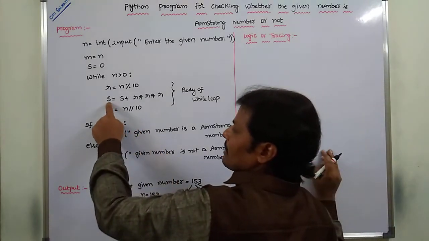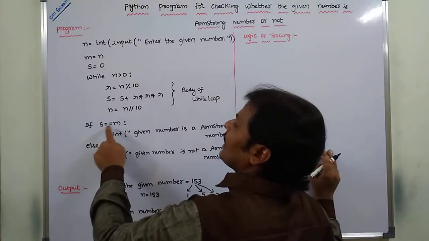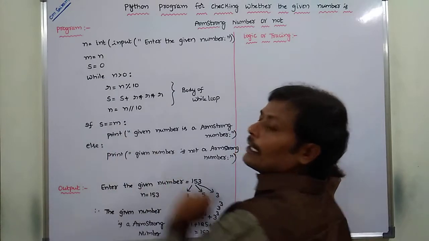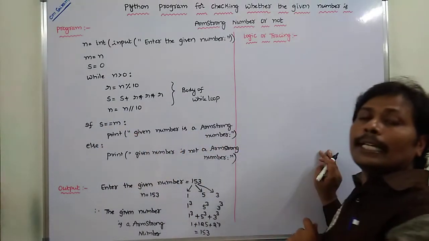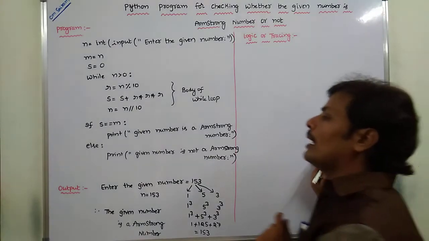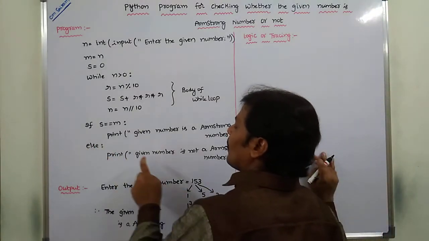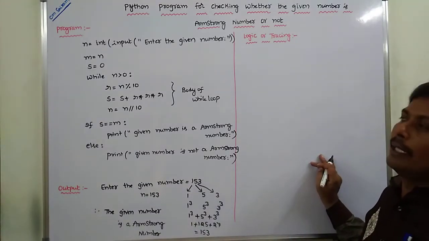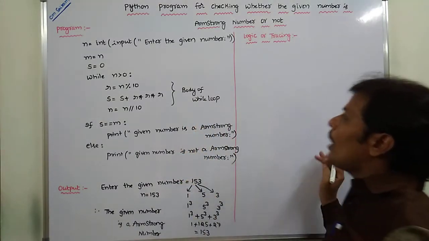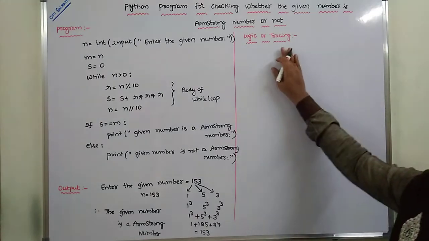Here, whatever the s value we are getting, s value and m value both are compared. If both are equal, then we can say that the given number is an Armstrong number. Otherwise, go to the else part, print given number is not an Armstrong number. This is the program. Now I am going to the tracing.